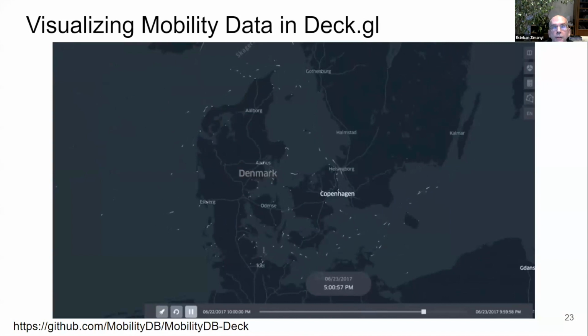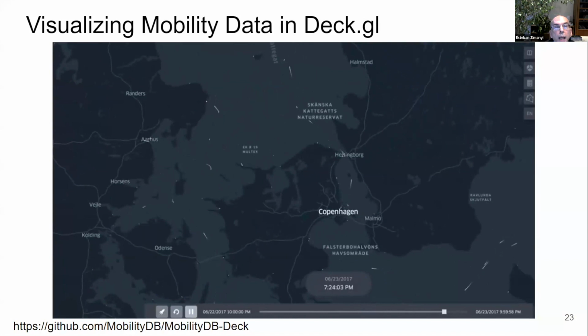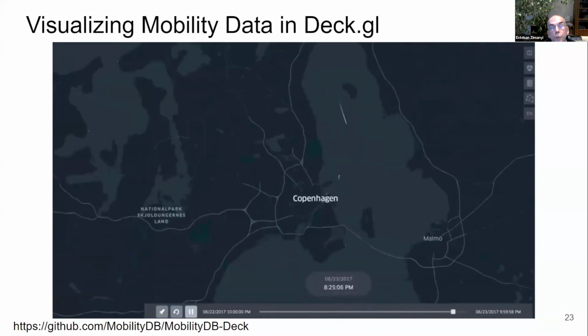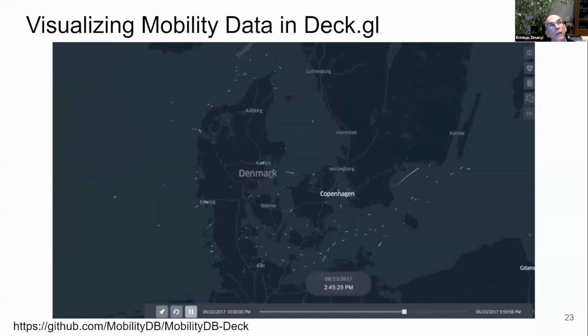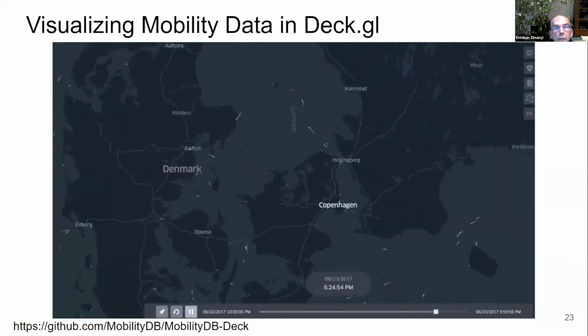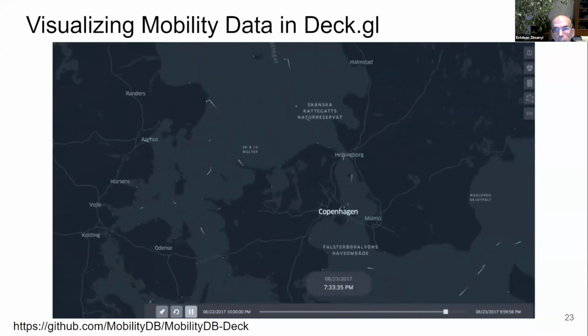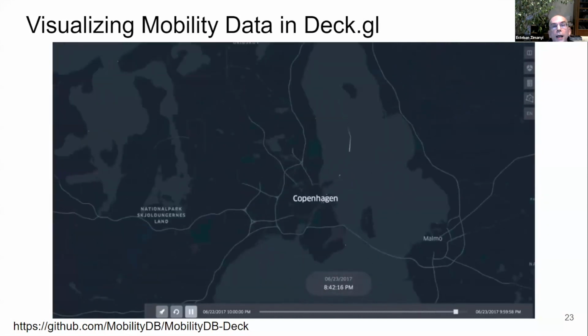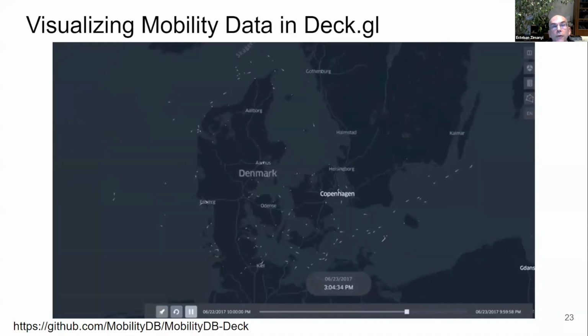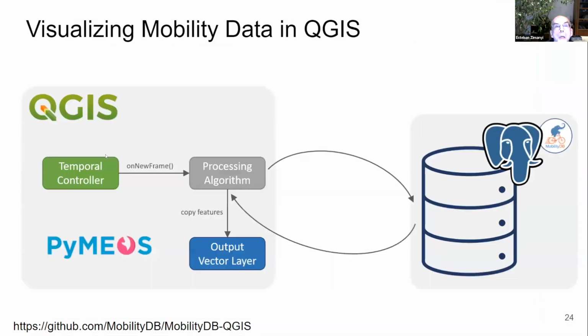This is a complex piece of architecture, because each of these ships that is moving contains between 20 and 30,000 points. So we need to do a lot of tiling, a lot of Douglas-Peucker simplification to be able to smoothly produce a film. That means 24 frames per second in a smooth way when you zoom in or zoom out. But we need to do the same in QGIS.